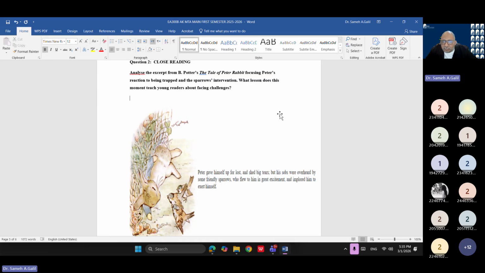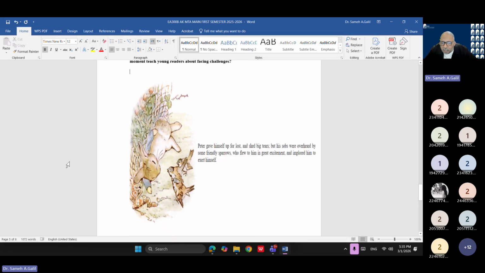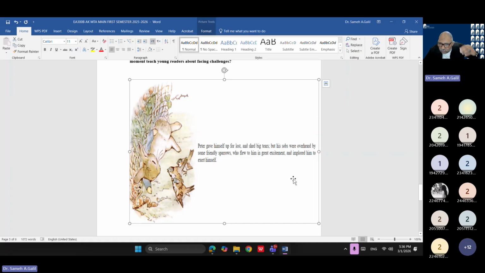See, it pretty much says everything to you. And then you go to the picture, and the picture helps you even more. And then you read, because there is a text here. So Peter gave himself up for lost and shed big tears, but his sobs were overheard by some friendly sparrows who flew to him in great excitement and implored him to exert himself.